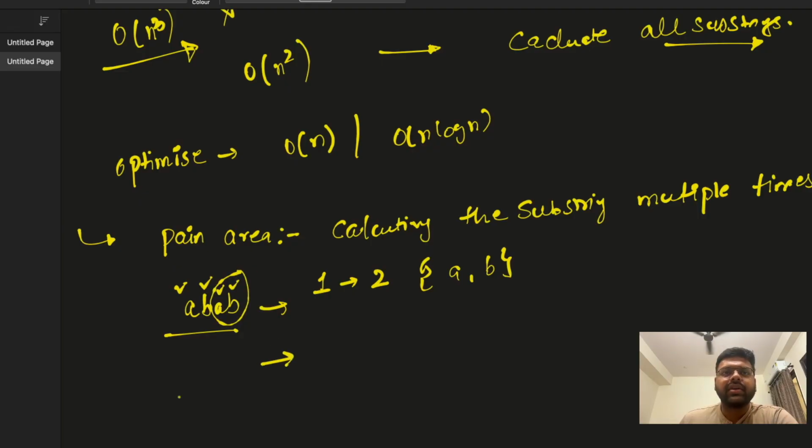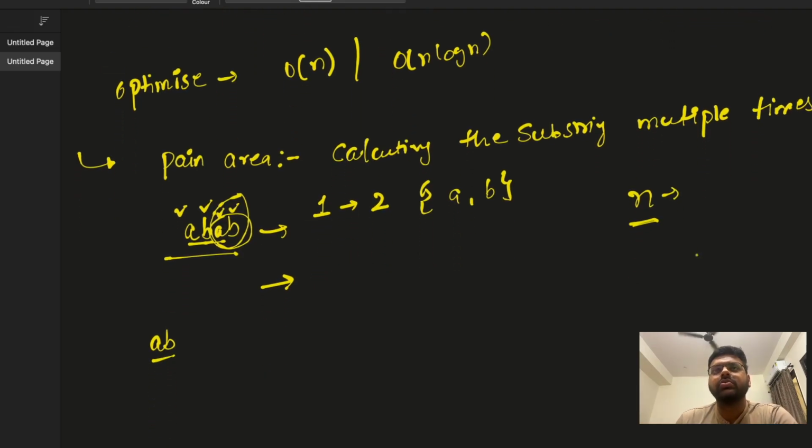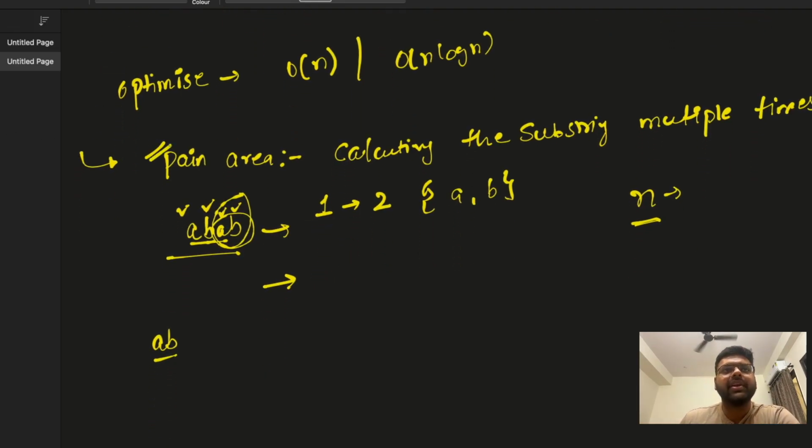Same goes for AB of length 2. AB I've calculated, B I've calculated, but I'm calculating this AB again. So for an n length string we would be doing a lot of redundant operations. So we need to optimize this particular pain area, then we'll reduce the time complexity.